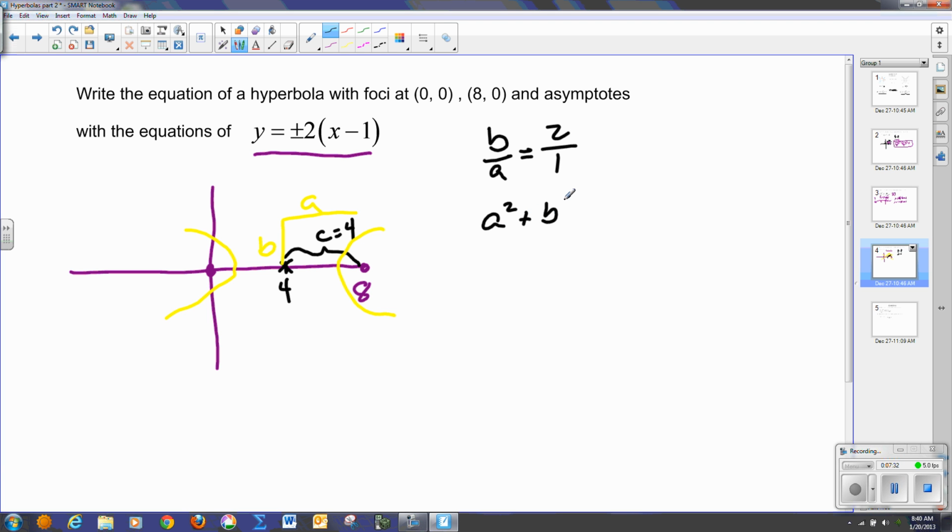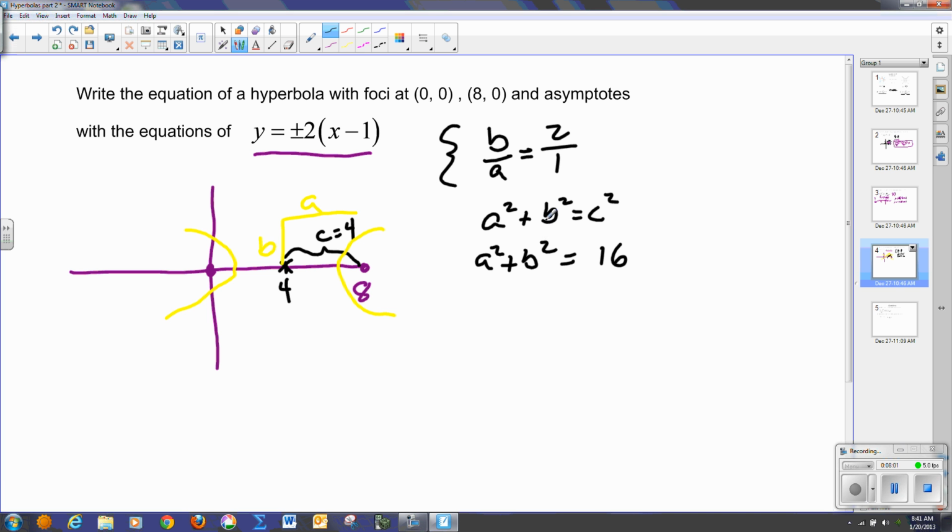A squared plus B squared is going to equal C squared for hyperbolas. And I know my C value once again is 4, so I have 16 is equal to A squared plus B squared. Well, this is a problem because I have two variables that I don't have solved, and I only have one equation. But I do have this relationship up here that B over A is equal to 2 over 1.